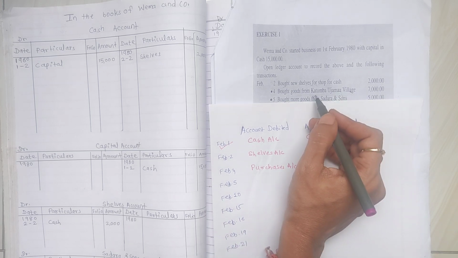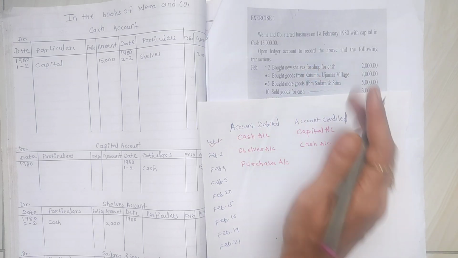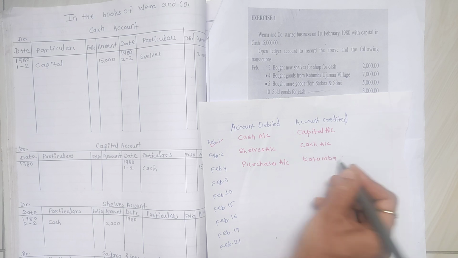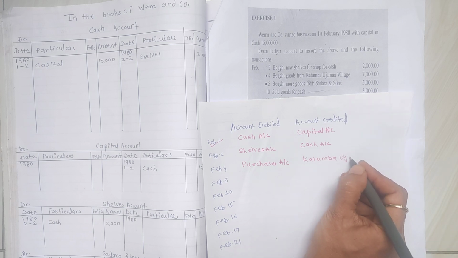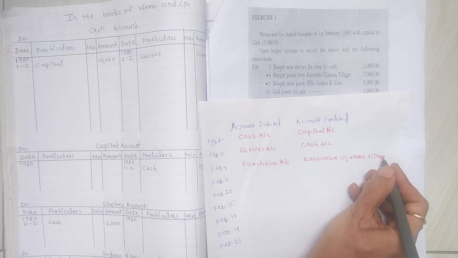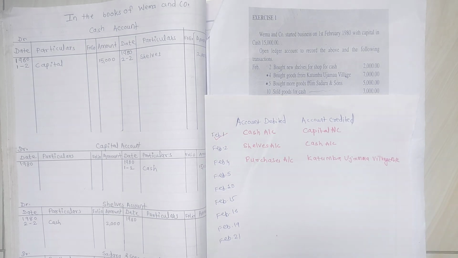If it is on credit, you have to give credit to that supplier, that means that creditor's account, that is Katumba Ujama village account. So the purchases account is written on the debit side and Katumba village on the credit side.